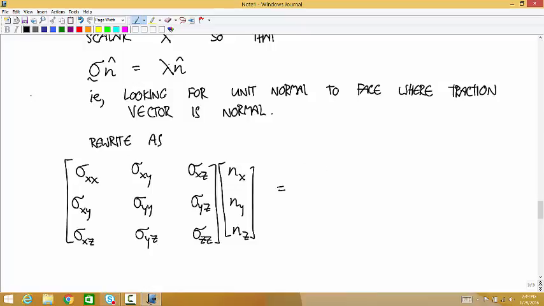Multiplying this unit normal vector by a scalar is the same thing as multiplying it by this diagonal matrix.